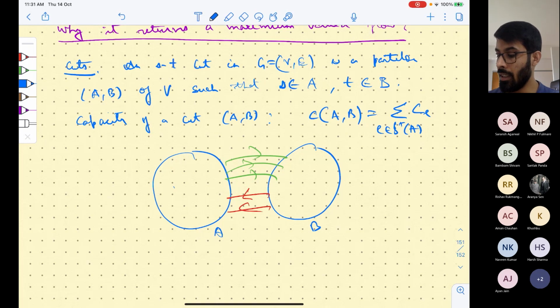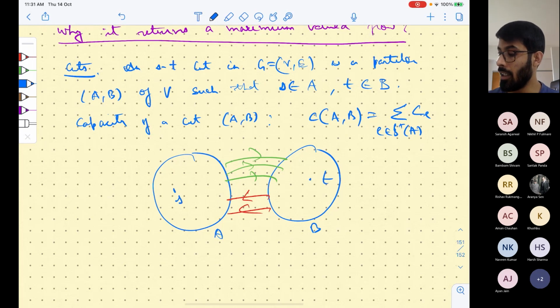S is inside here, T is inside here, and this is the capacity.